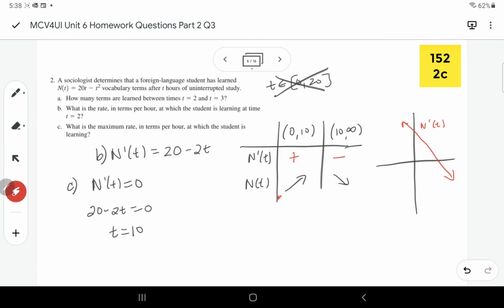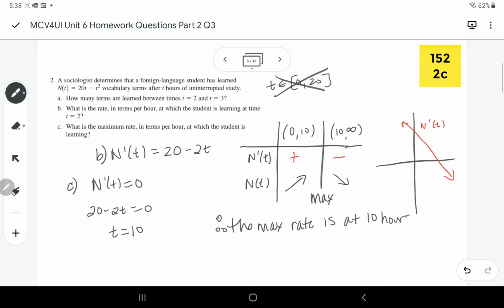So we know that it's increasing until 10 and then decreasing, so that must be the maximum. Okay, so therefore the maximum rate is N prime at 10, so the maximum rate is at 10 hours.